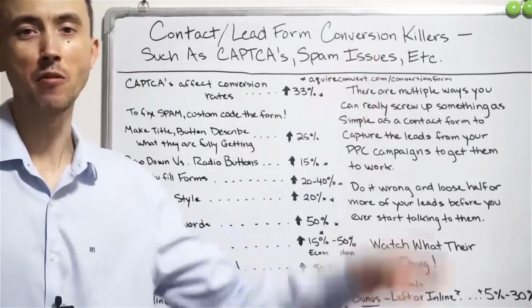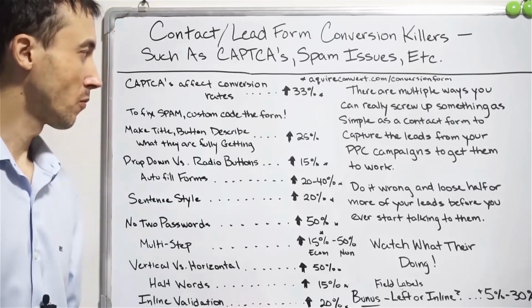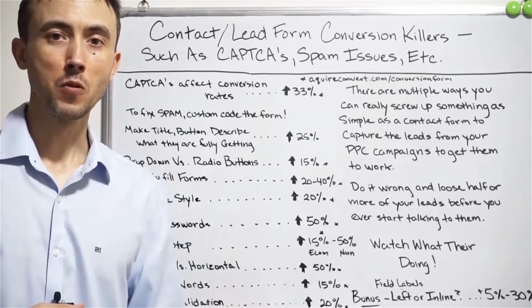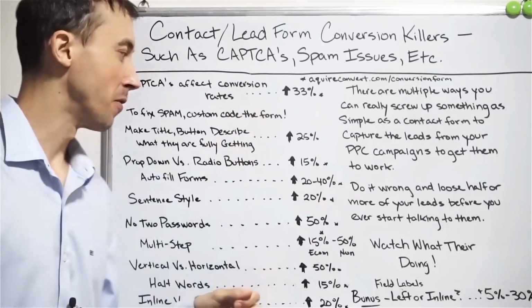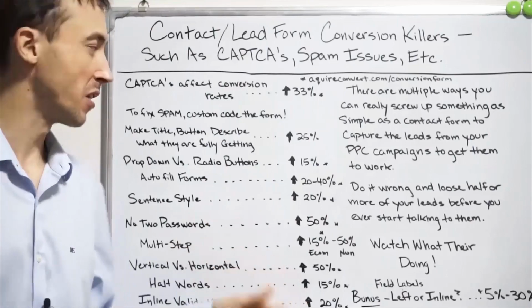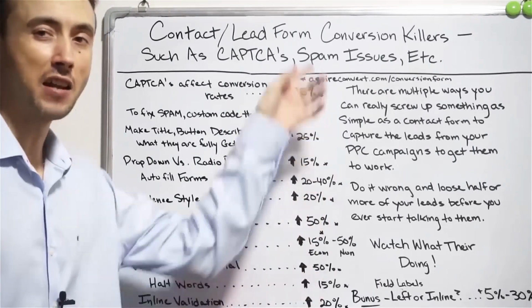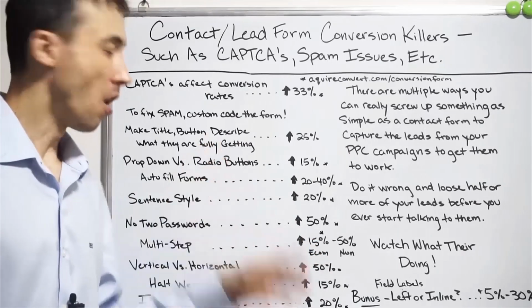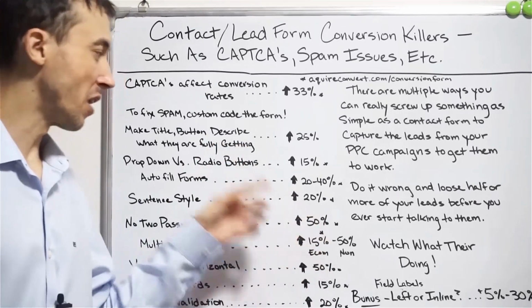Now, respectively, you can't lose more than 100%, I get that, but these add up. I have a whole bunch of different things I'm going to go through with you in this video today.